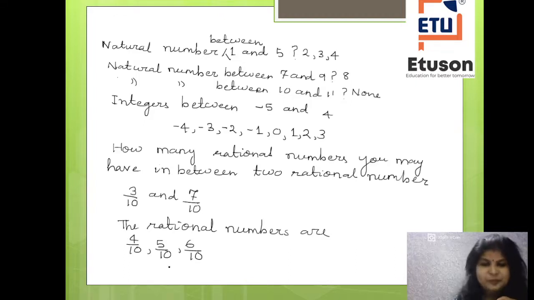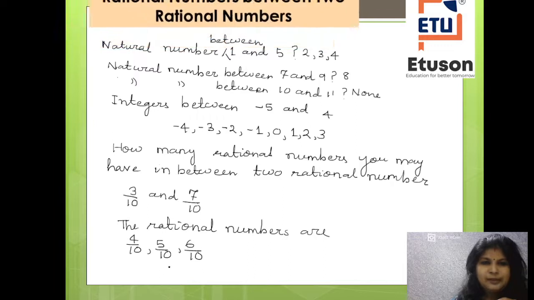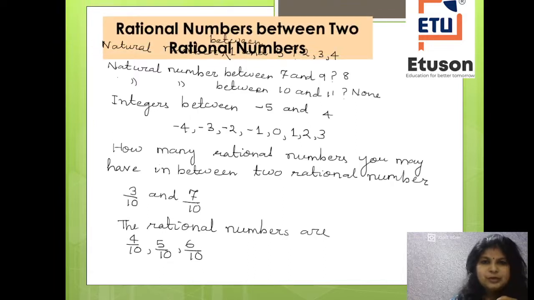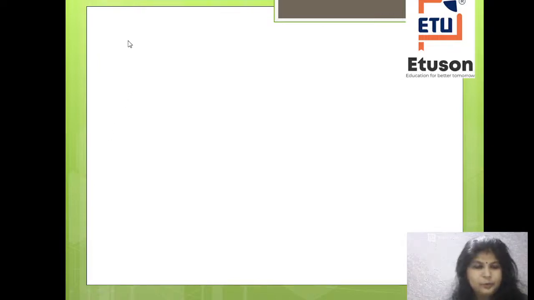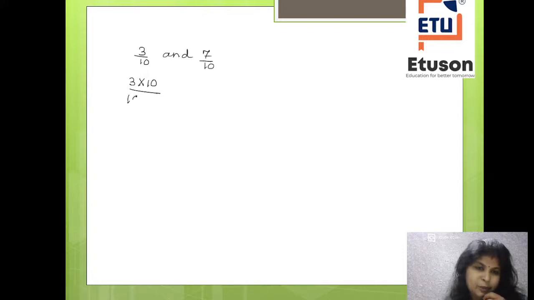Let us understand. Which numbers had we taken? We had taken 3 by 10 and 7 by 10. Now this 3 by 10 can be written as, if you multiply 10 in the numerator and 10 in the denominator, 30 by 100.